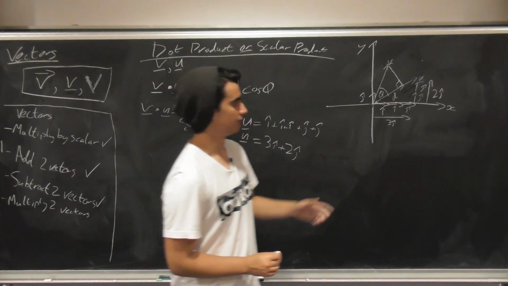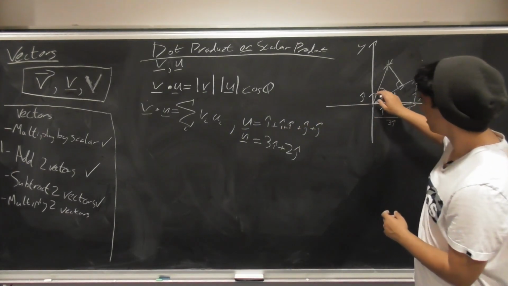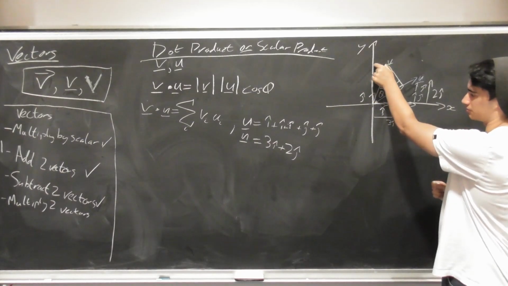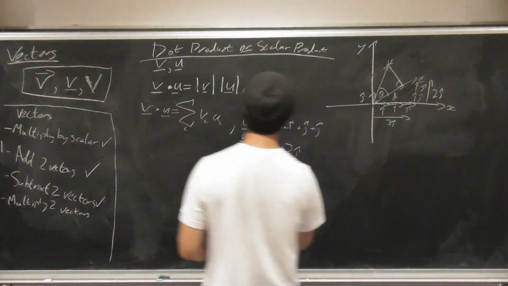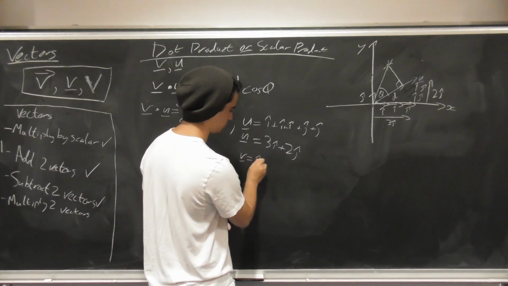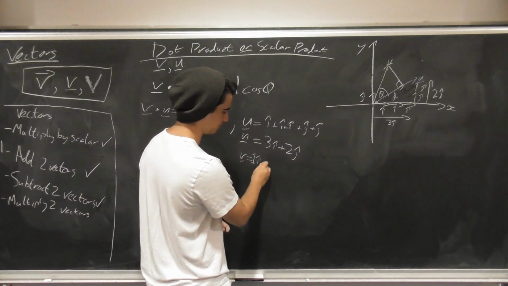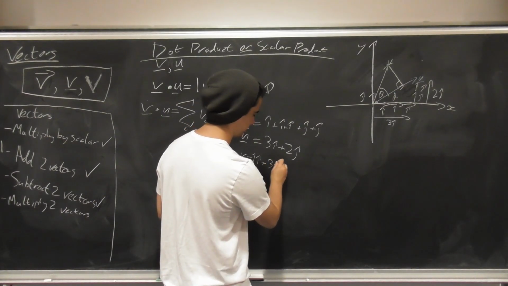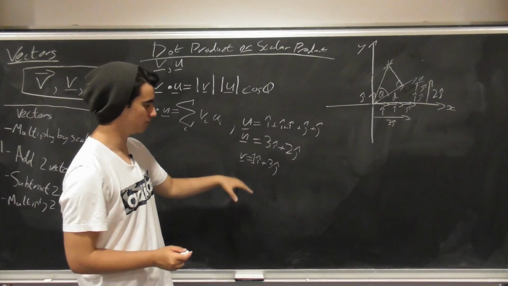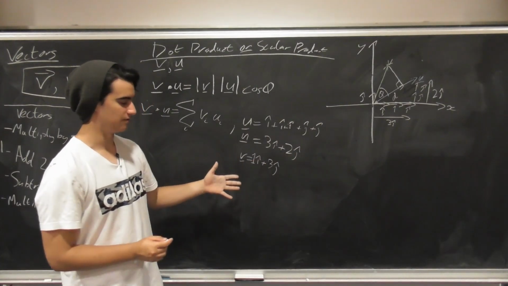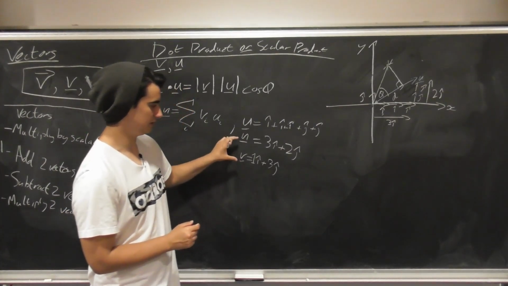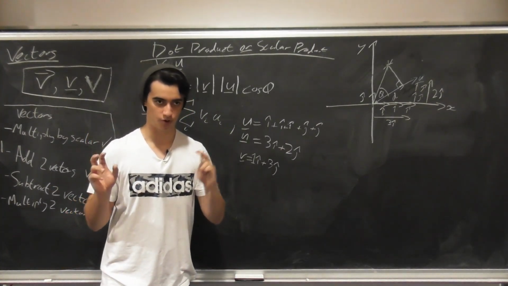And then if we were to do the same thing here with v, if we're going up 1, 2, 3 j's, and then going across 1i, we can say that v then is 1i plus 3j. Now this one, you don't have to put the 1 in, but it makes the notation much more clear. So now we have u and v expressed in component form.